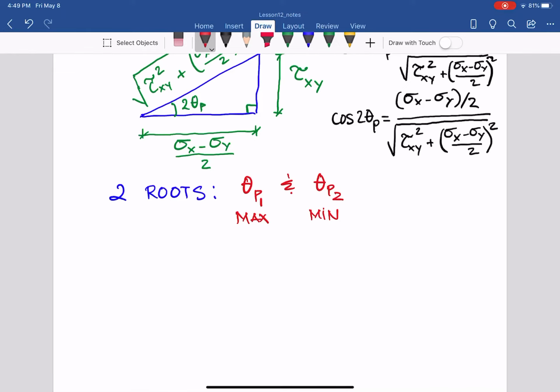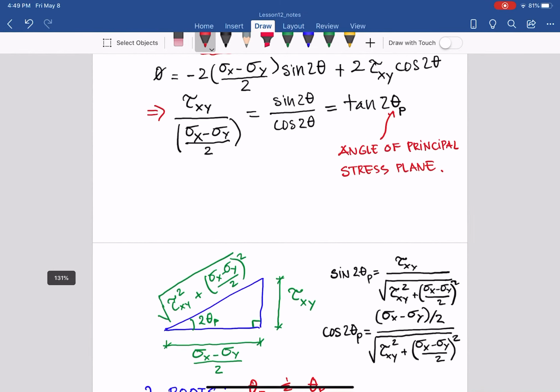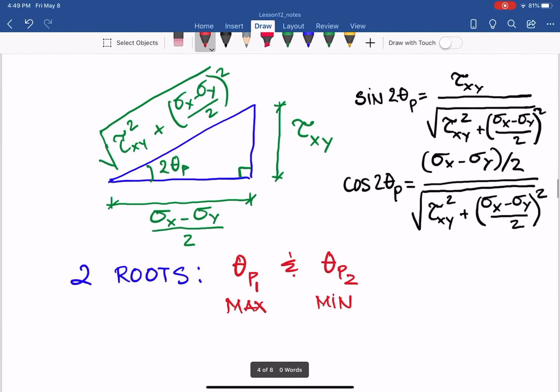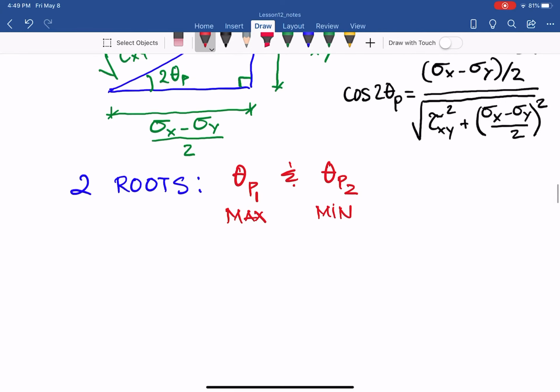And with that, we can rewrite the equation after taking the derivative, with the 2 roots theta p1 and theta p2, and we also have the corresponding stresses, sigma 1 and sigma 2.